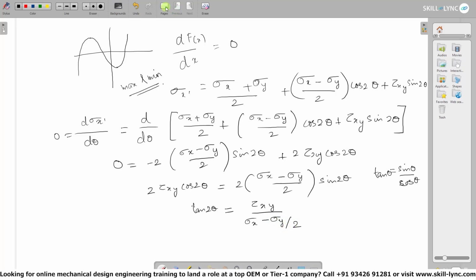Now because we are working with normal stresses wherein we have to consider both tau and sigma, and in this formula we can see that we have both the variables tau and sigma. When we plot this tan 2 theta value in a graph of tau and sigma, we'll get something like this.